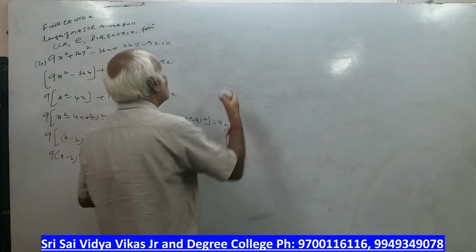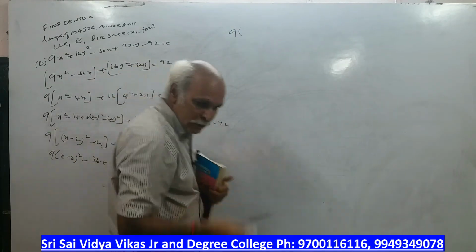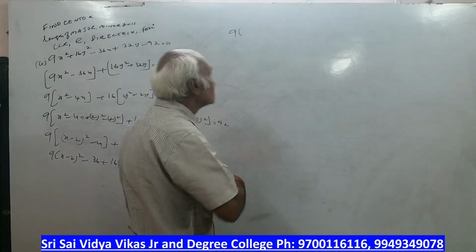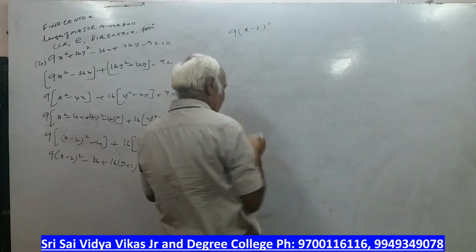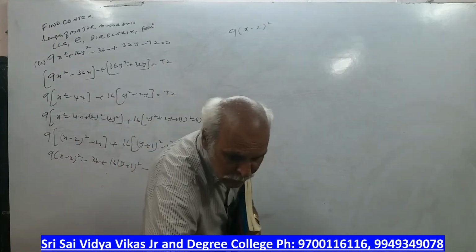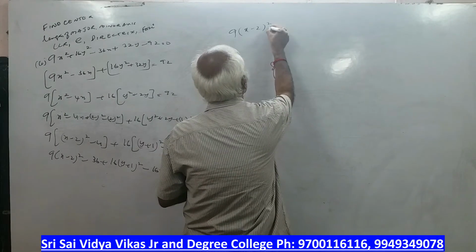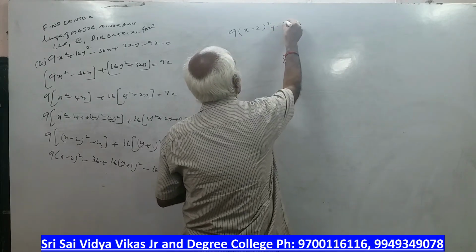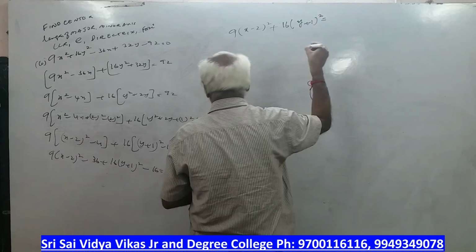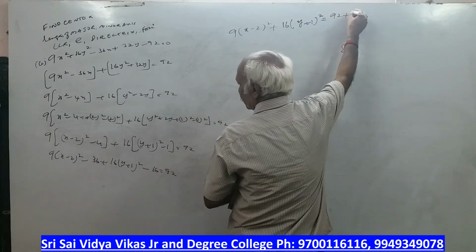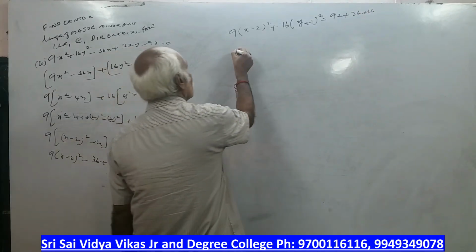Next, 9 into (x minus 2) whole square plus 16 into (y plus 1) whole square is equal to 92 plus 36 plus 16. I am bringing the terms to this side now.